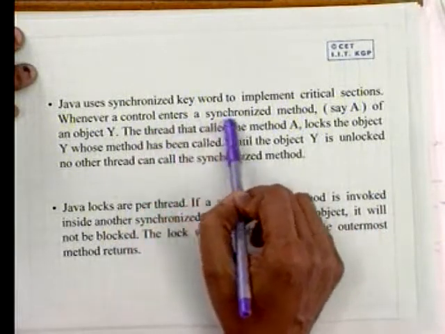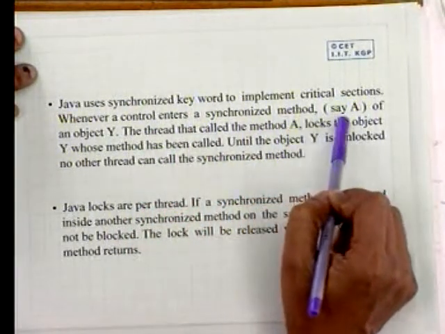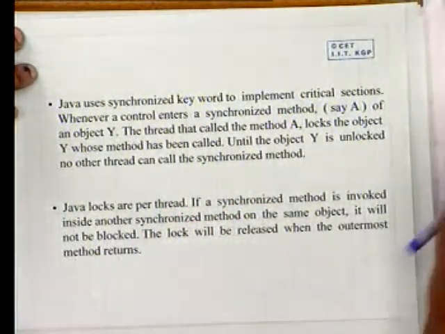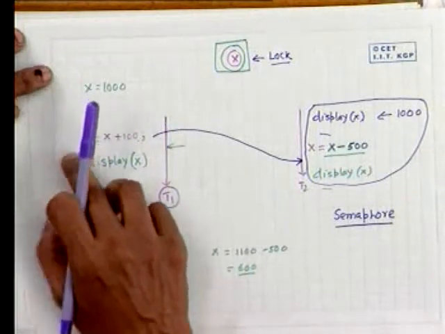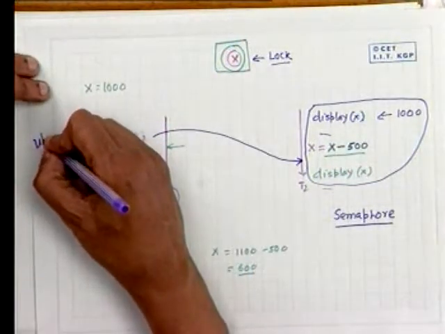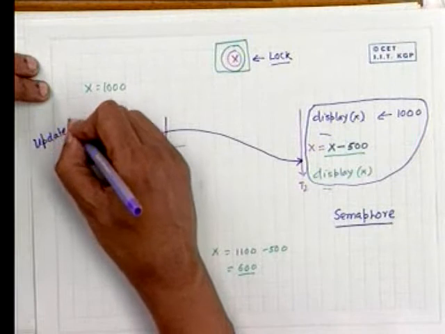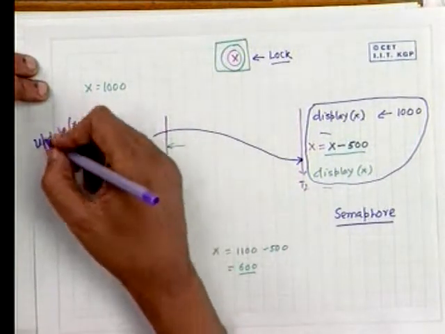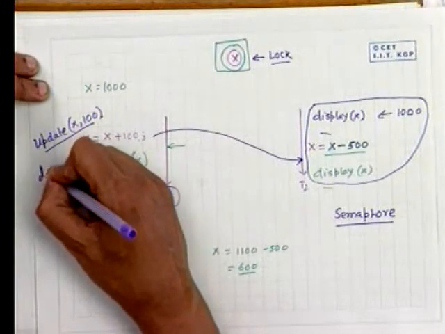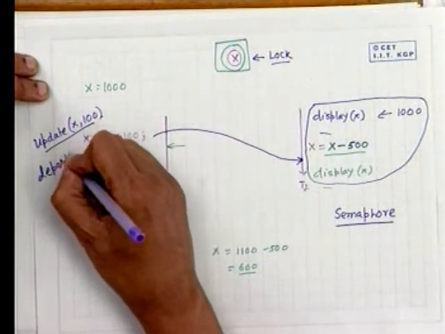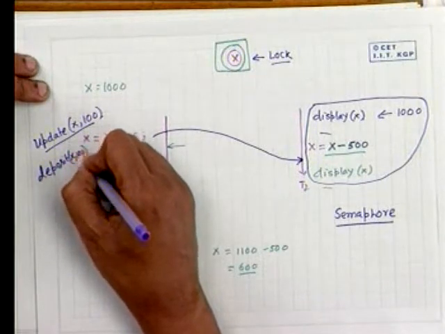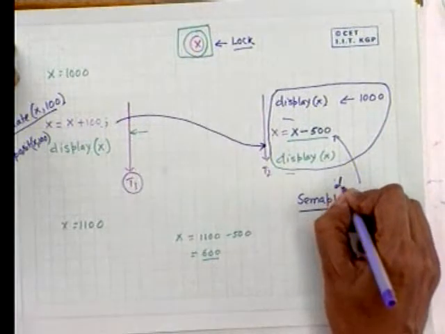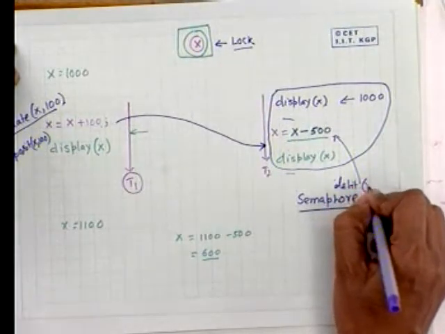Whenever control enters a synchronized method of an object, the thread that called the method, like in this example, suppose this thread has called the method update x 100, or you can have a method called deposit x 100, and here a debit x 100.